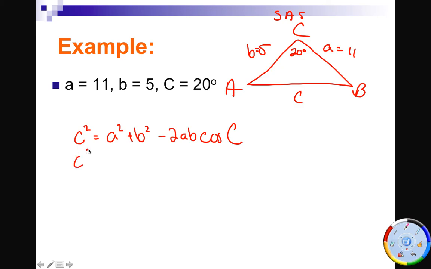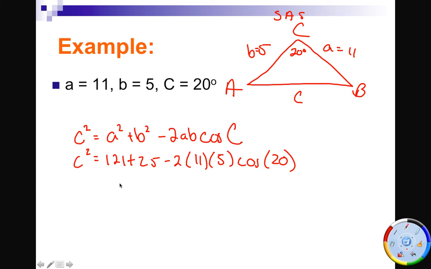I say, okay, c squared is equal to a squared, which is 121, plus b squared, which is 25, minus 2 times 11 times 5 times the cosine of 20 degrees. Make sure your calculator's in degree mode.